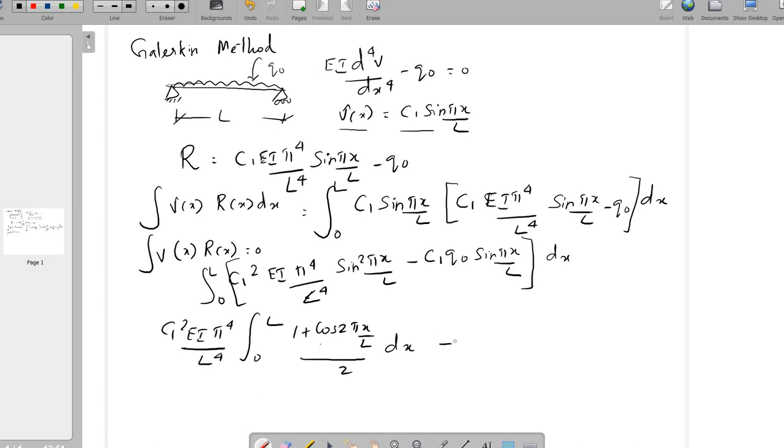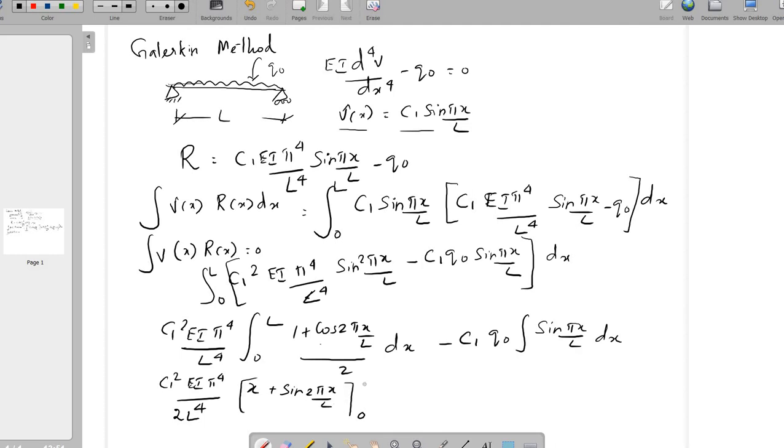Here we can separate the constant C1 and Q naught and the integral sine pi x by L dx. So I am separating C1 square EI pi power 4 by L power 4, that is 2L power 4, x. When you integrate cos 2 pi x by L, which is equal to sine 2 pi x by L with the boundary 0 to L, minus C1 Q naught.